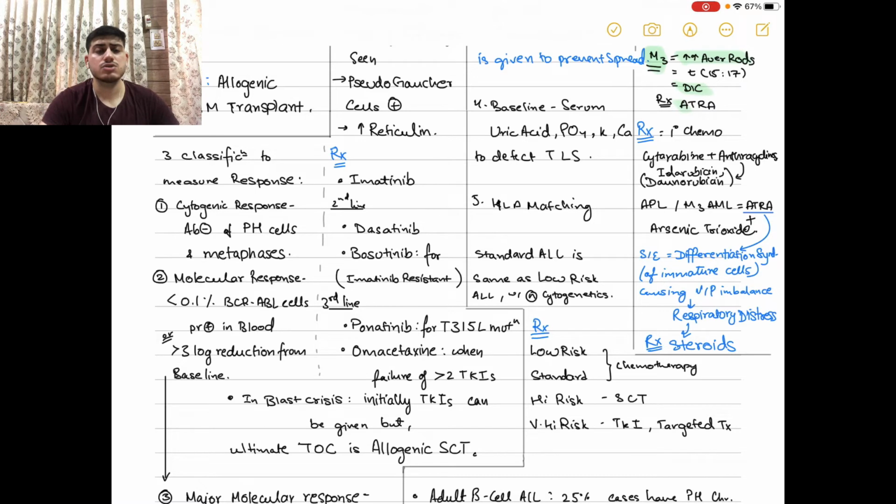Since there is DNA, uric acid will be elevated in blood, phosphate will be elevated in blood, and potassium stays inside the cell. Now the cell is lysed, so potassium will also be elevated in the blood, but the calcium will be reduced. Why will the calcium be reduced?